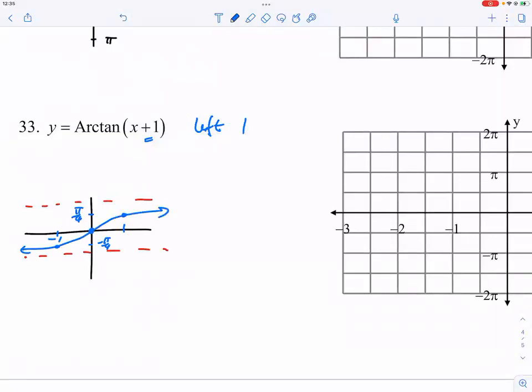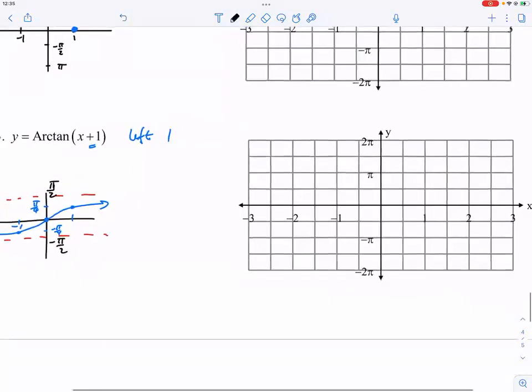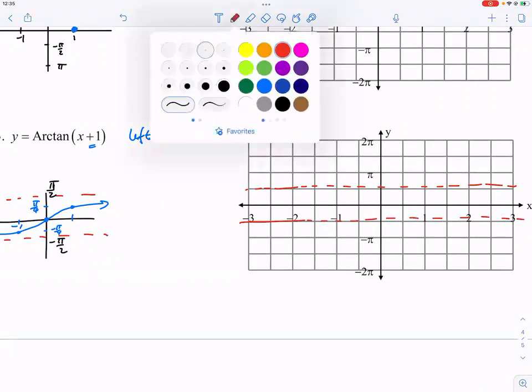And now we are moving to the left 1 unit. So now the asymptotes are at pi over 2 and -pi over 2. So pay attention to the scale on the actual graph. Draw your vertical asymptotes here. Don't draw them at the wrong place.